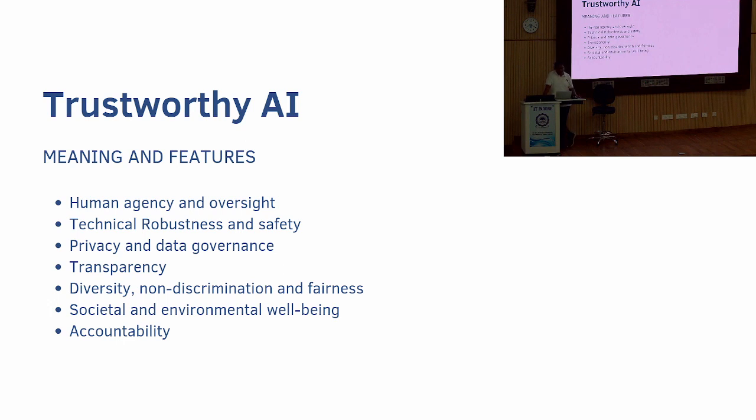It must hence be ensured that they are sustainable and environmentally friendly. Moreover, they should take into account the environment, including other living beings, and their social and societal impact should be carefully considered. Mechanisms should be put in place to ensure responsibility and accountability for AI systems and their outcomes. Auditability, which enables the assessment of algorithms, data, and design processes, plays a key role therein, especially in critical applications. Moreover, adequate and accessible redress should be ensured.